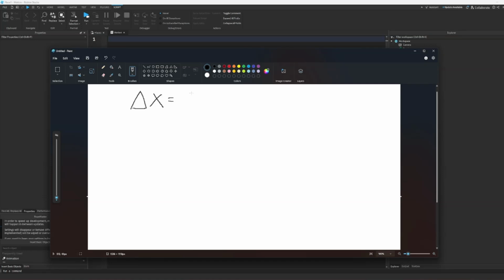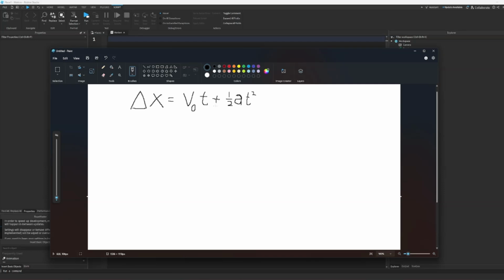And then we have our initial velocity, which is called v naught. Then we have time, which is the amount of time it takes to go from one point to another. And then we add half of acceleration, which is the amount of velocity per second, or the amount of velocity over time. And then we have our time again, squared.